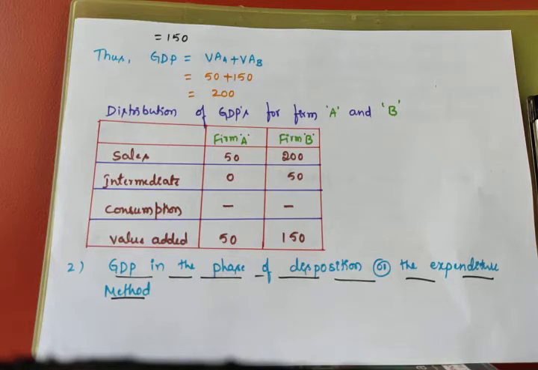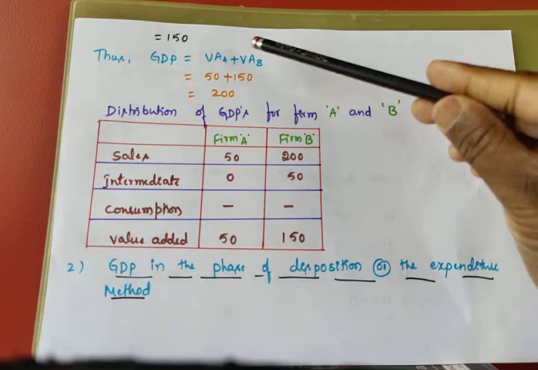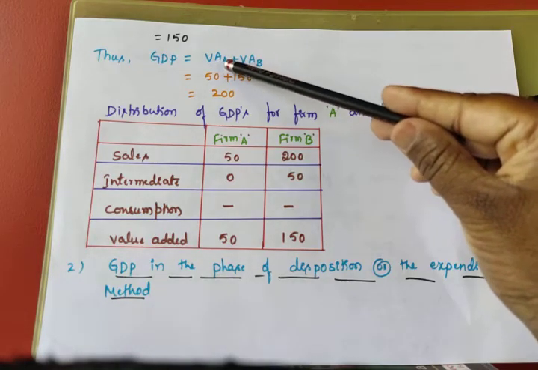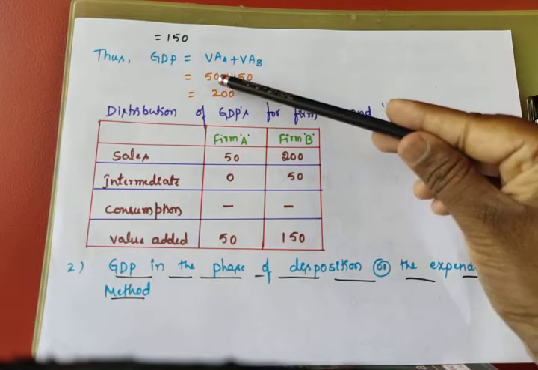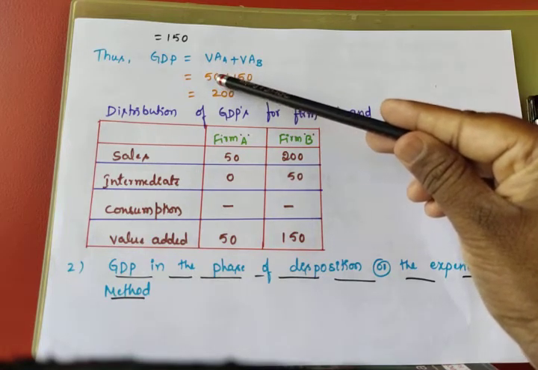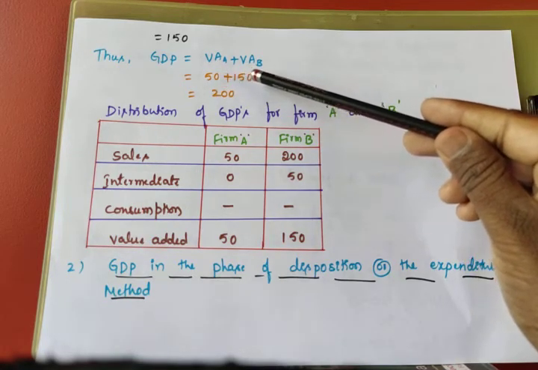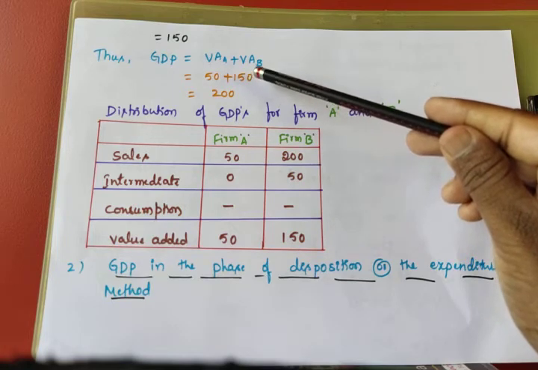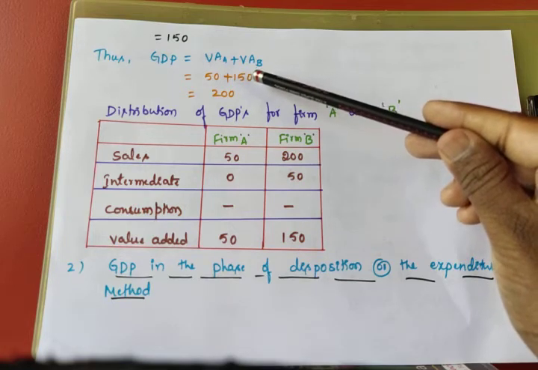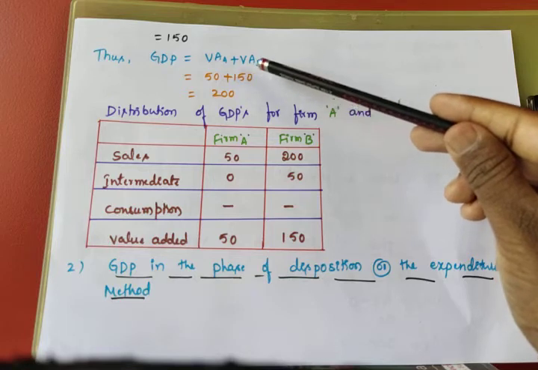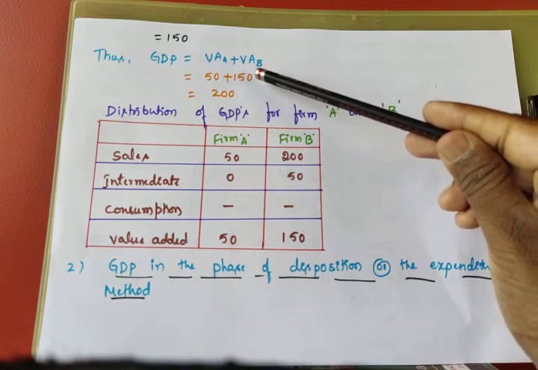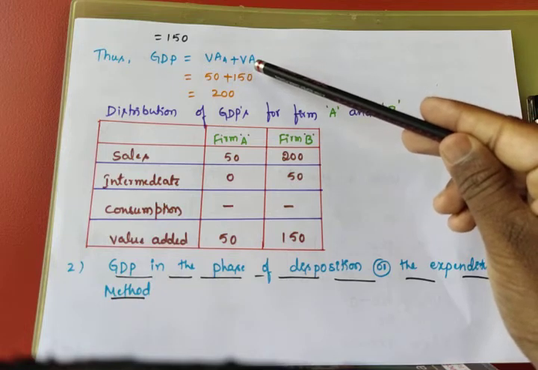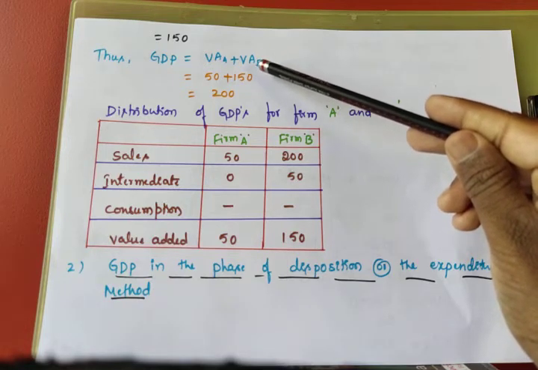Now, to calculate gross domestic product, there is a formula: value added of firm A plus value added of firm B. The value added of firm A is 50 because there was no intermediate good, and the value added of firm B is 150. Actually the total was 200, but firm B produced the cloth using cotton worth rupees 50, so we deduct the intermediate good value.